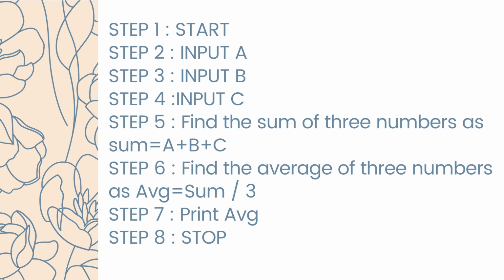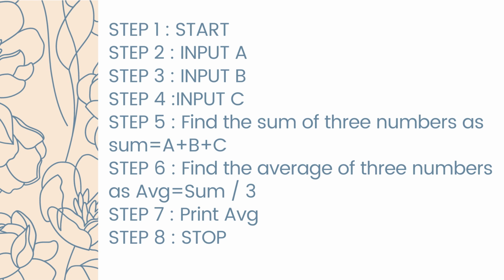Sum is nothing but the value found in the previous step, A plus B plus C. So you should substitute the value here, sum by 3, and you'll get the result.